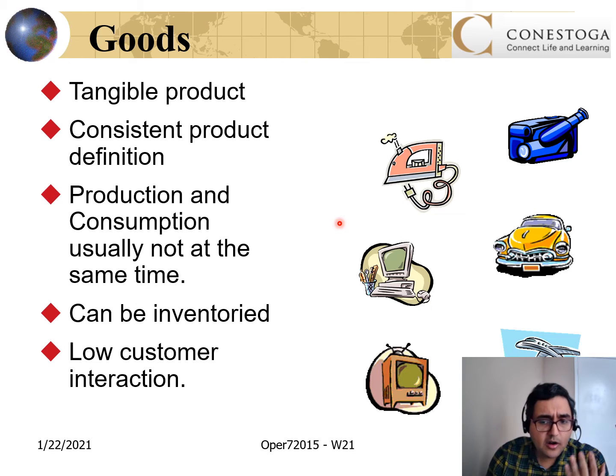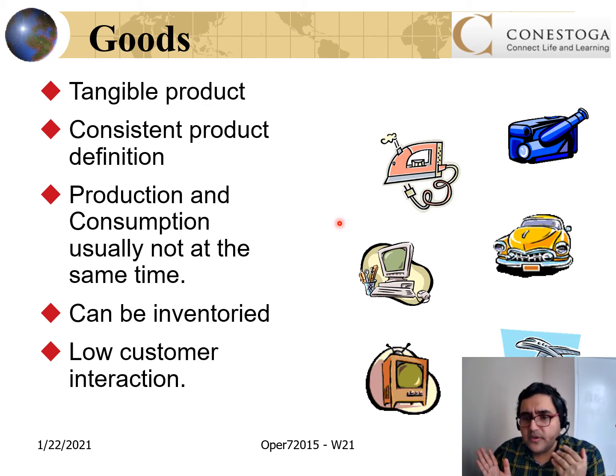If I purchase a mobile phone, let's say an Apple iPhone 11, from anywhere in the world, I will have the same specification. There will always be a consistency in the product.